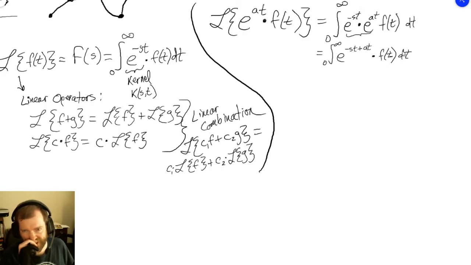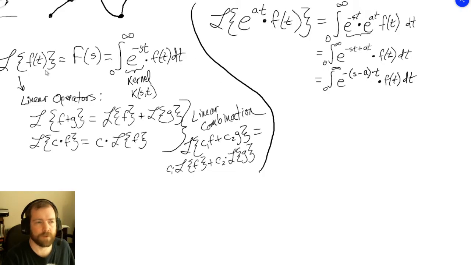How does that change things? Well, we could actually factor out a negative from this, and this would be the integral from 0 to infinity of e to the negative s minus a, in parentheses, times t at the end, times f of t dt.